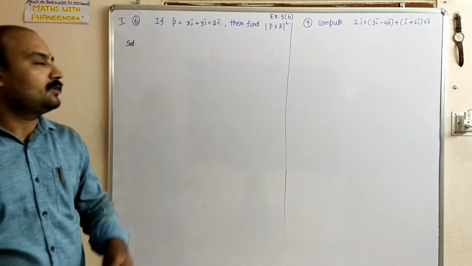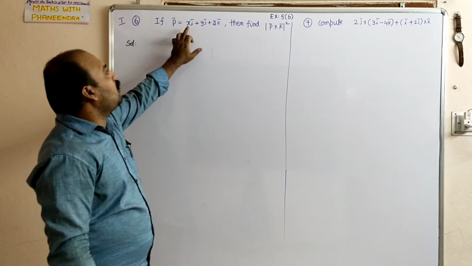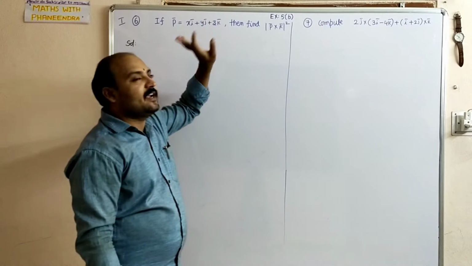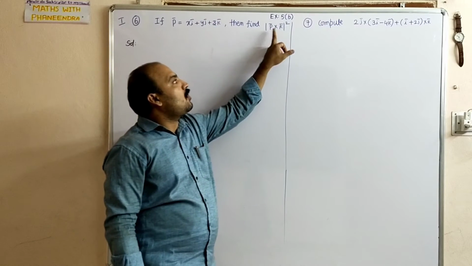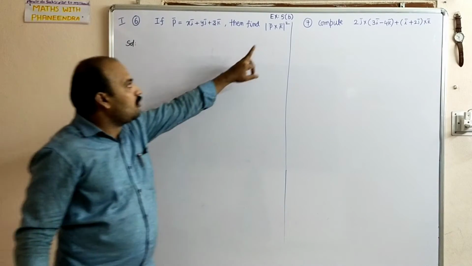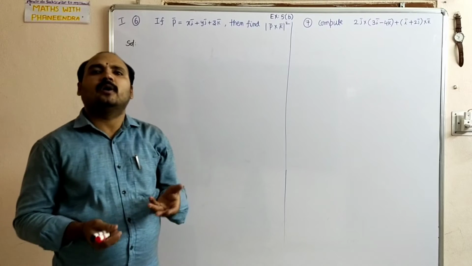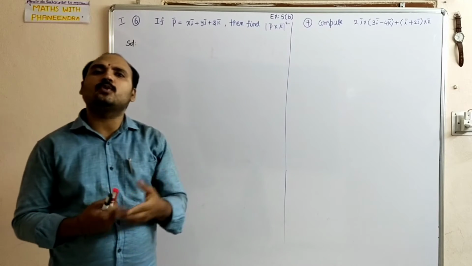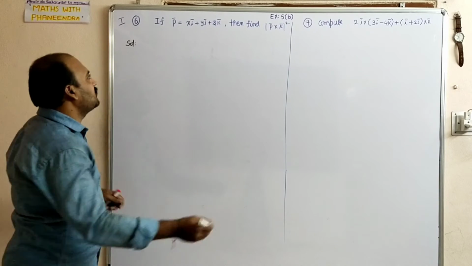The next question: if P bar equals x i plus y j plus z k, then find the magnitude of P bar cross K bar, whole square. So P bar is there, but what about K bar? K bar means the I bar, J bar coefficients are zeros. See how we are going to write it here.